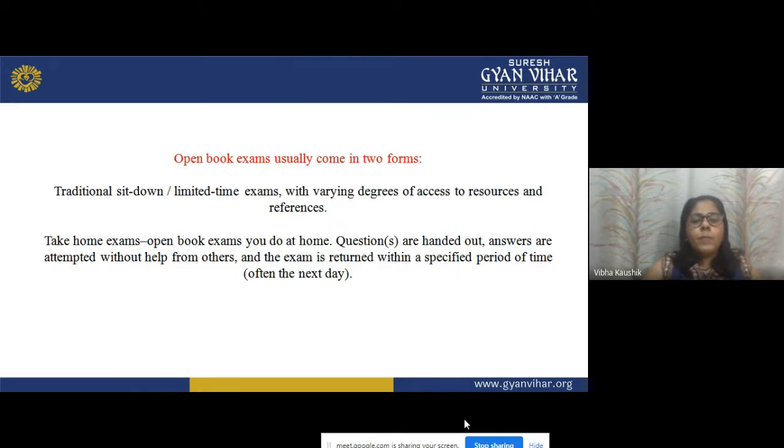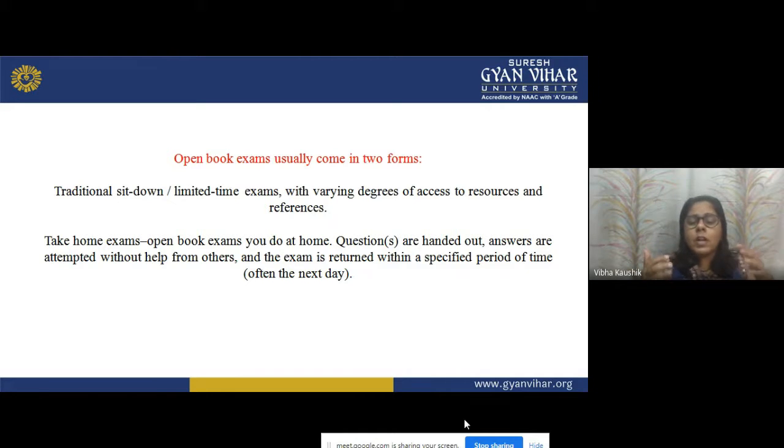Now, open book exam usually comes in two forms: traditional sit-down, limited time exam with varying degrees of access to resources and references. Now, what is that? The open book exams have two forms.